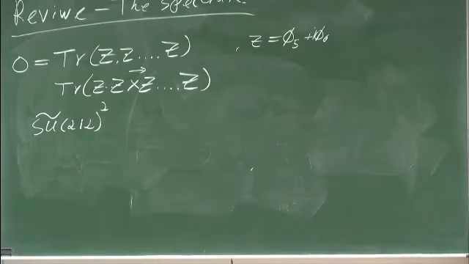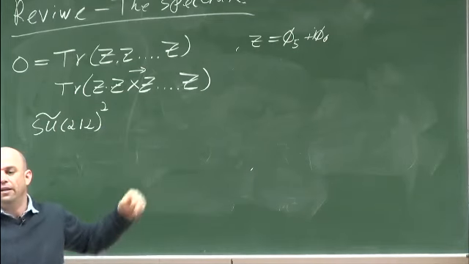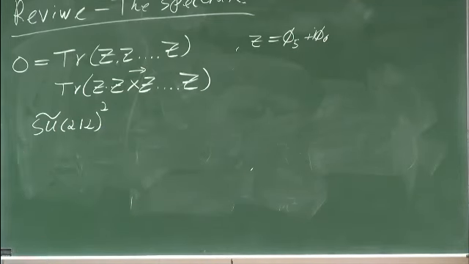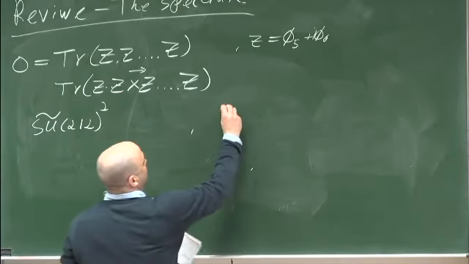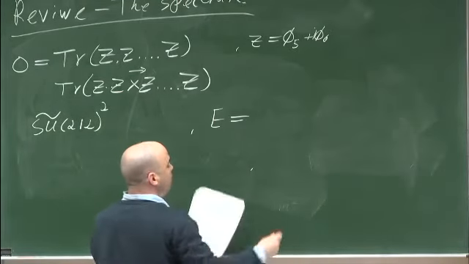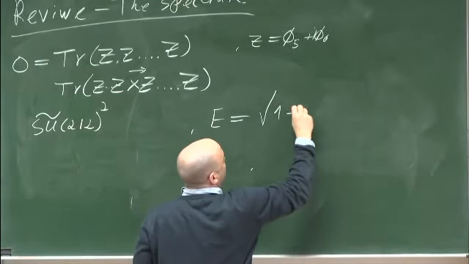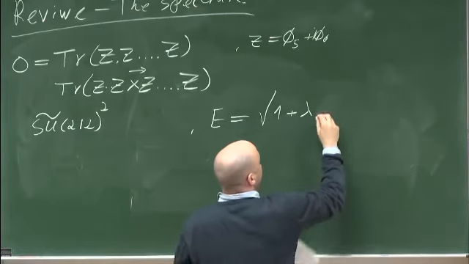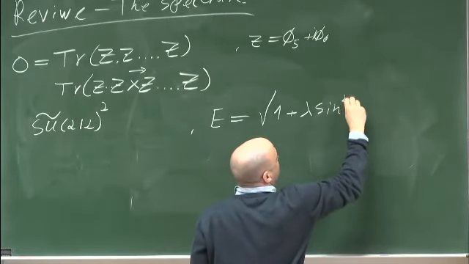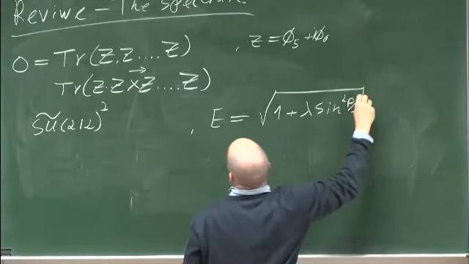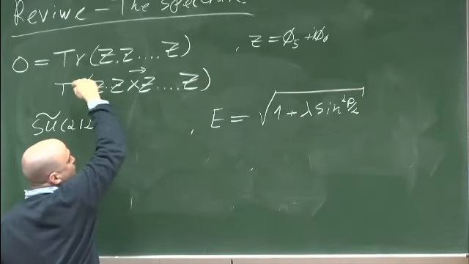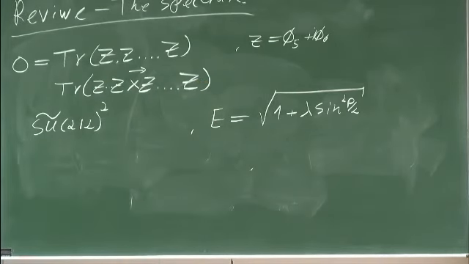The point that I'm trying to make using this symmetry is that this symmetry allows us to fix the dimension of such an elementary excitation uniquely at any value of the coupling. And what one finds is that the energy of this fundamental excitation is just given by the square root of 1 plus lambda sine squared of p over 2, where p is its momentum as it moves in the sea of Z's.